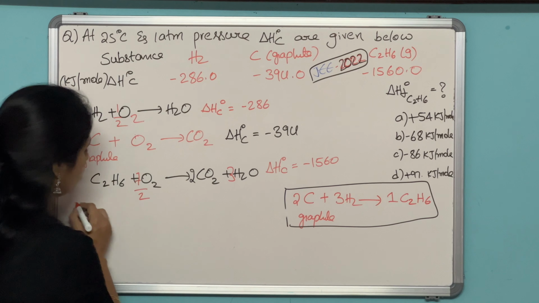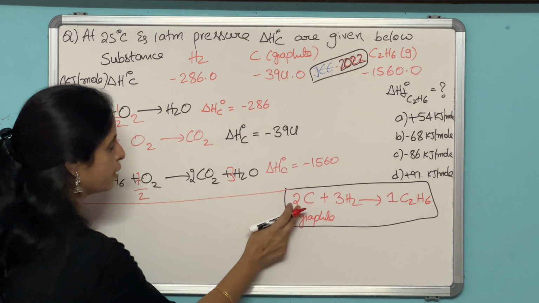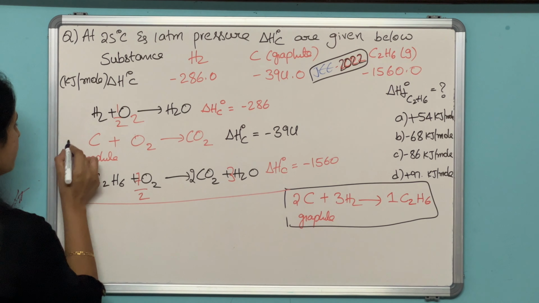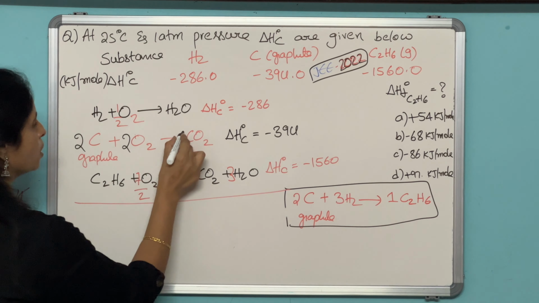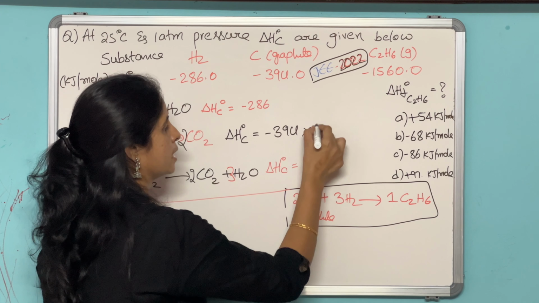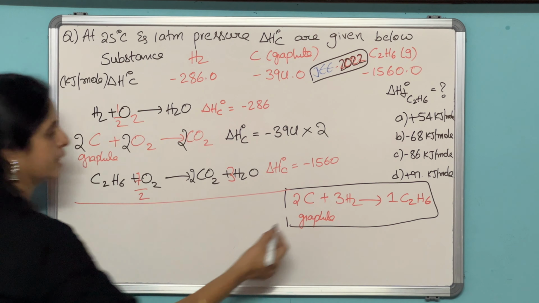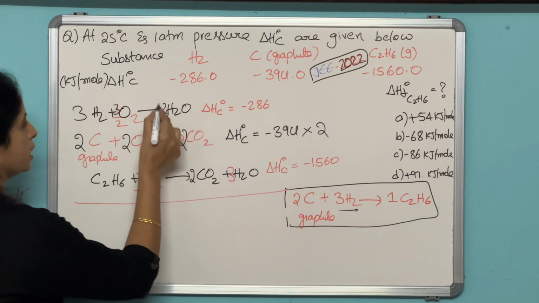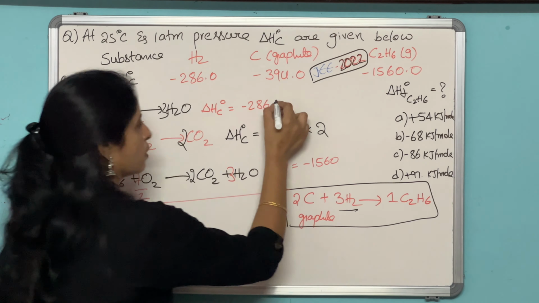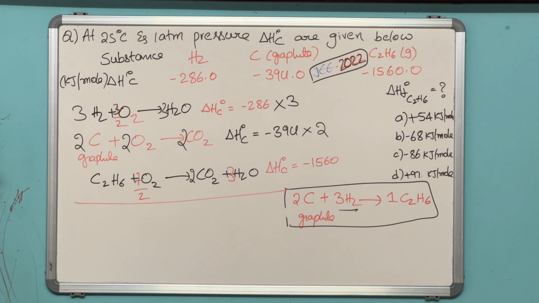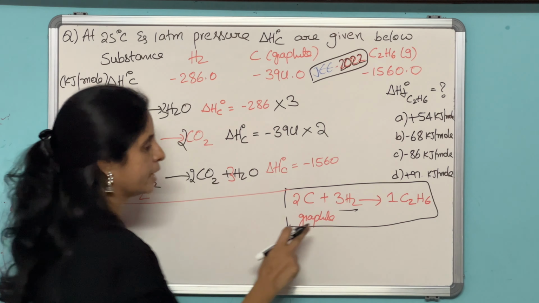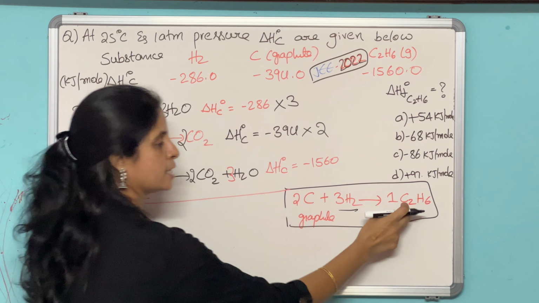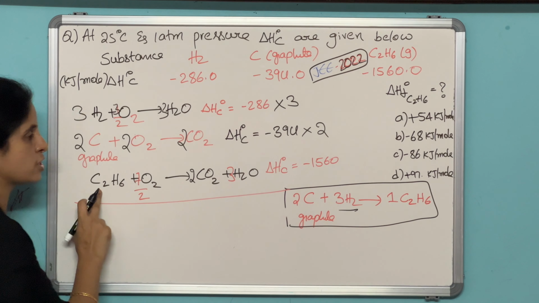So, how to get here your required equation? The same procedure. 2C is there, so you multiply the second equation by 2: 2C plus 2O2 gives 2CO2, and 394 into 2. 3H2 is there, so multiply the first one: 3 by 2 O2 with 3H2 gives 3H2O, into 3 kilojoules per mole. Now, in your required equation, 1 mole of ethane is on the right hand side, but in this equation it is on the left side.